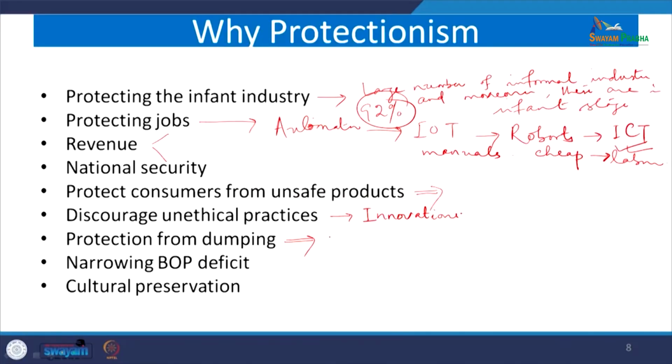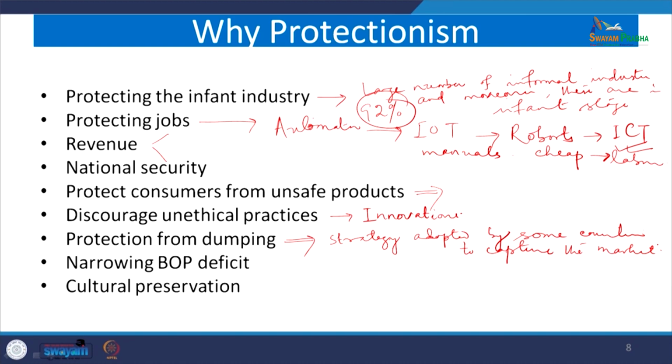To attract and capture the market, this is one strategy adopted by some countries. Therefore, protection is required.